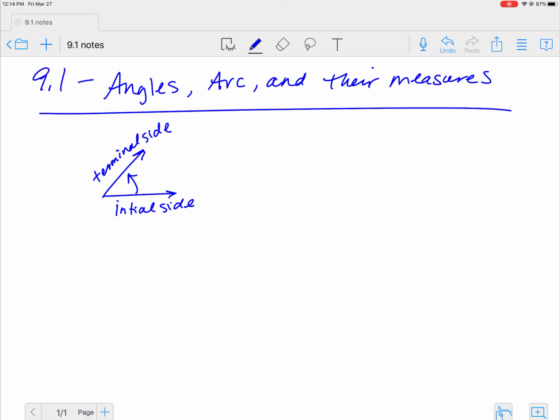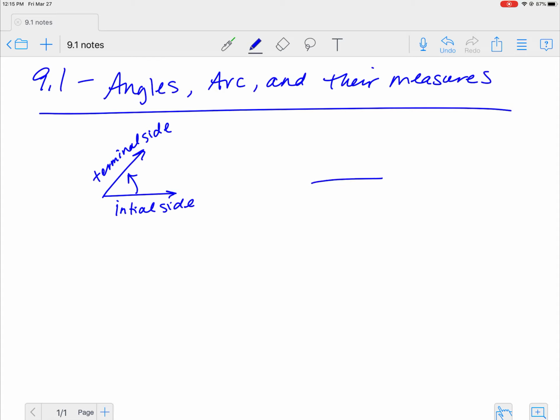And then you go up to the terminal side. So just getting some vocab in there. On your initial side, you're coming up through here, and that's going to be your angle measurement to that terminal side. That's just notation that we're going to be using.